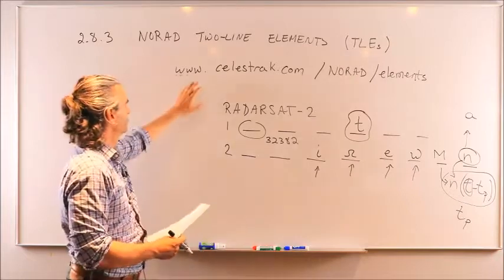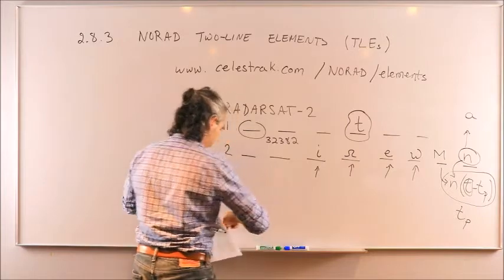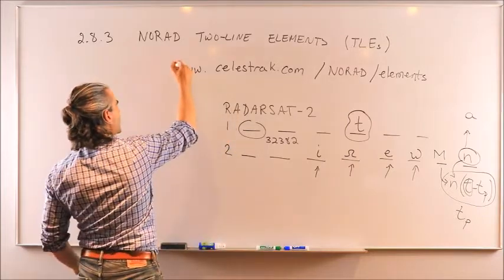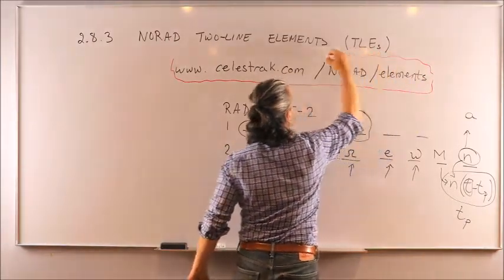Okay? So again, just go to this website. There's a problem in section 2 that I'm asking you to just give me the latest up-to-date orbital elements of the ISS.